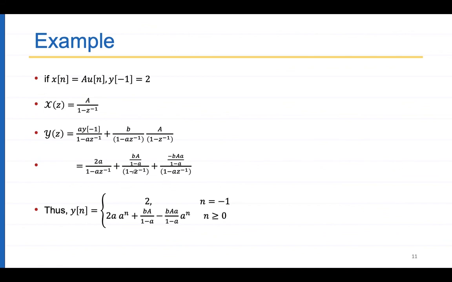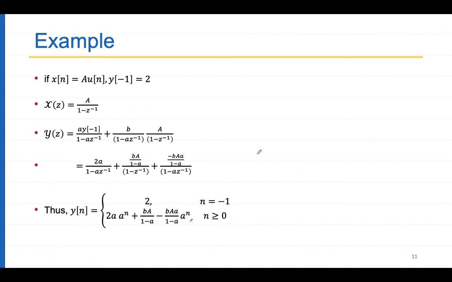For this is a constant, and then for this part, the inverse transform is 1 to the power n u[n], so 1 to the power n, which is 1 into u[n], and then this part, it's a to the power n u[n]. So this part is constant, a to the power n u[n]. Now the u[n] can be absorbed by this n greater than or equal to 0 condition, right? So this is how I find out my y[n].